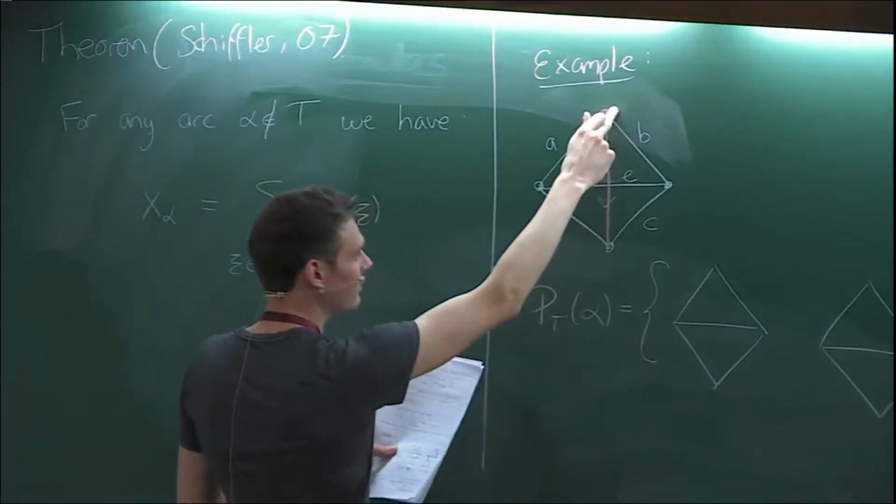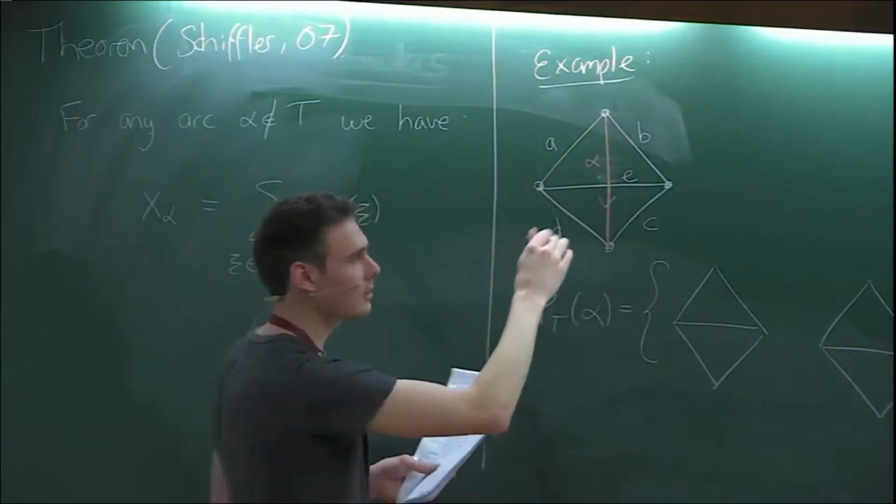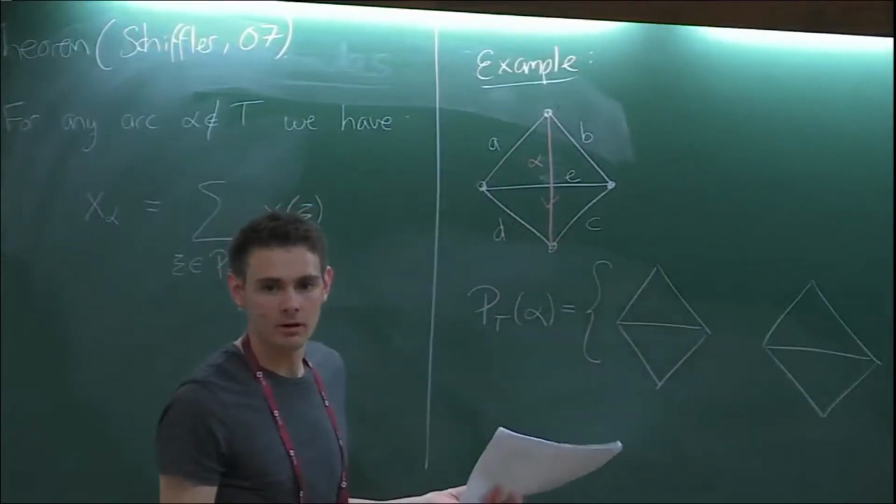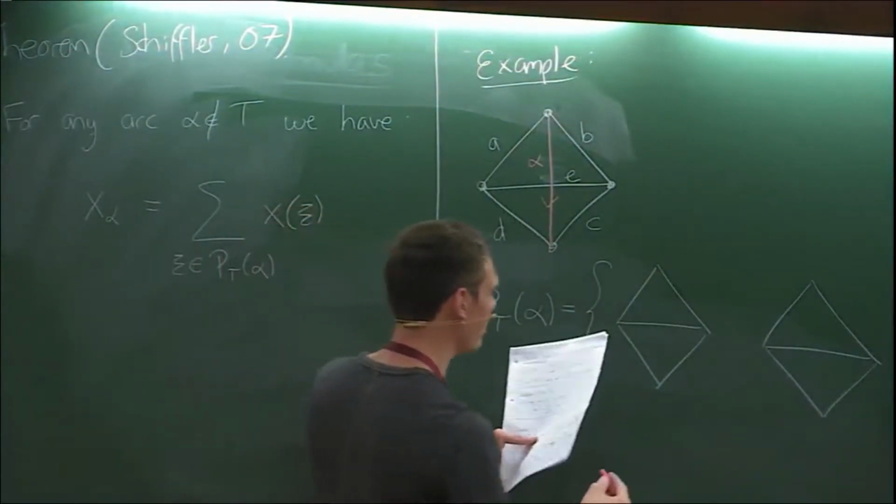Because alpha is starting at this vertex, and if we pick A first, then it's uniquely determined, and when we pick B first, it's also by symmetry uniquely determined.